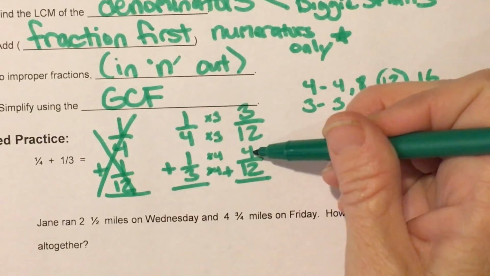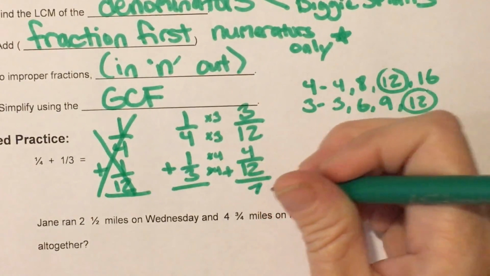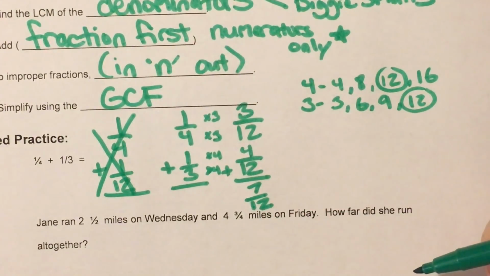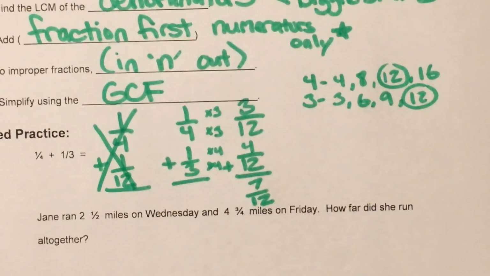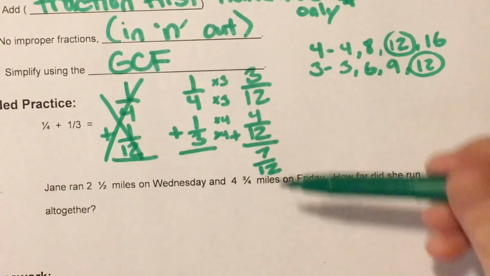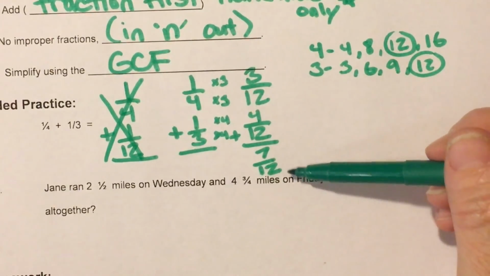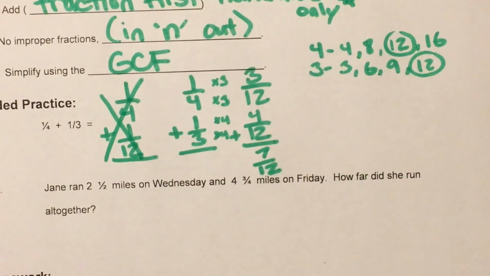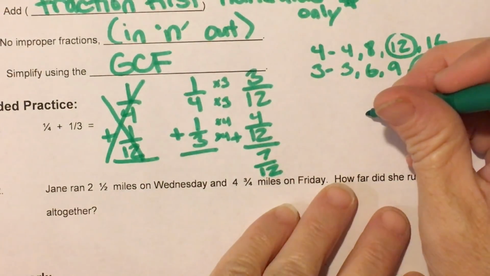Okay, so now that I have my new fractions with my common denominators, we're going to add fractions first. 3 parts plus 4 parts equals 7 parts out of 12. Okay, it's not improper, so I can skip that step. And now I'm going to simplify. Do any of my simplifying tricks work? There's no 1. They're not 1 apart. The small one doesn't fit into the big. So you might have to just list out your factors and see.